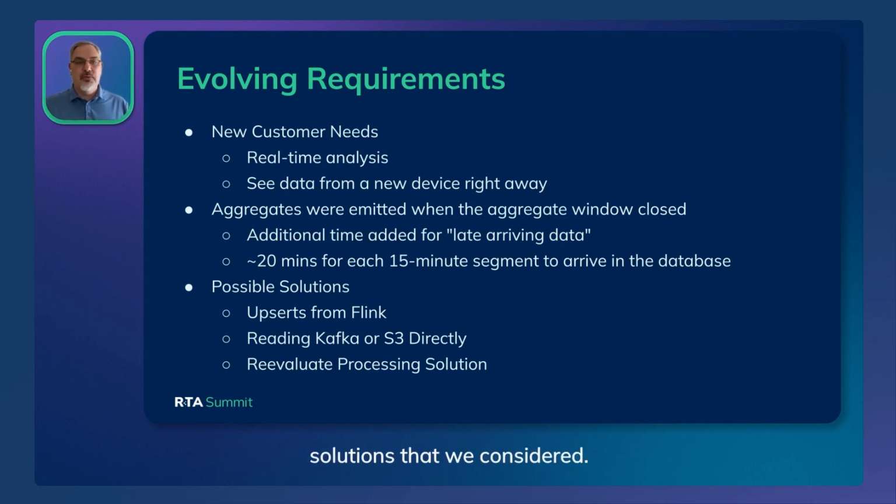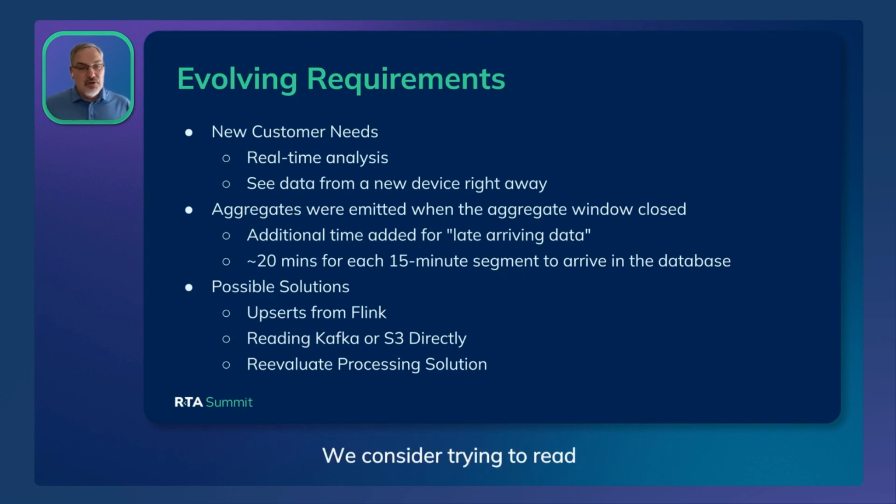So there were possible solutions that we considered. It's relatively easy to have Flink do upserts of these records during the tumbling window. It's not a fundamental change to our processing system, but this resulted in severe data fragmentation, and it significantly slowed down our queries, especially when spanning partitions.